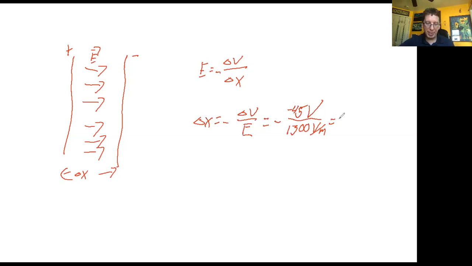So delta X is positive, and it's equal to 0.035 meters, which you can write as 3.5 centimeters. So the sheets are separated by 3.5 centimeters. You put 45 volts across them, and that gives you an electric field between the sheets of 1300 volts per meter.